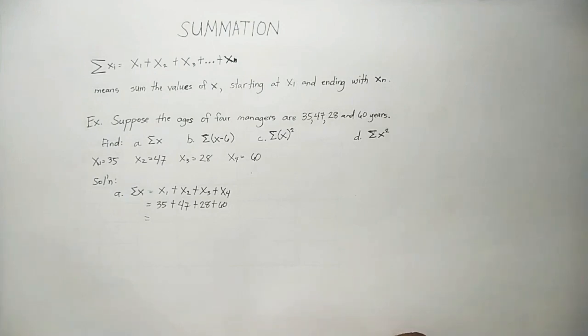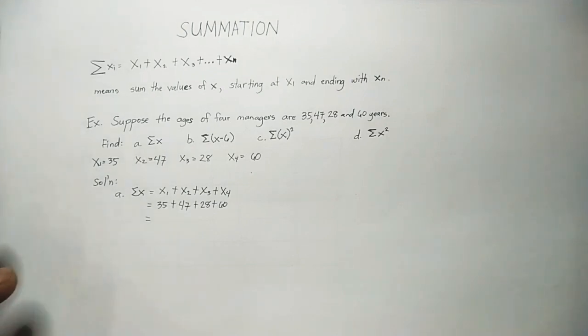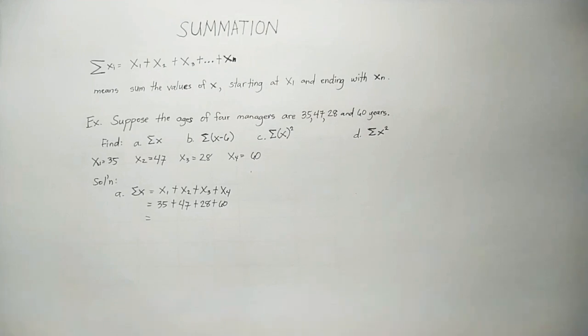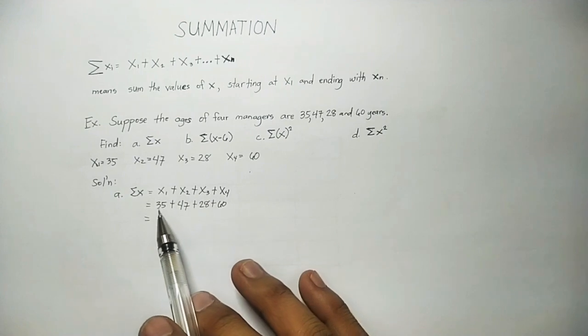So, 35 plus 47 plus 28. Okay. Again, so here the solution number 1 in getting summation of x, we have x sub 1 plus x sub 2 plus x sub 3 plus x sub 4 is equals to 35.